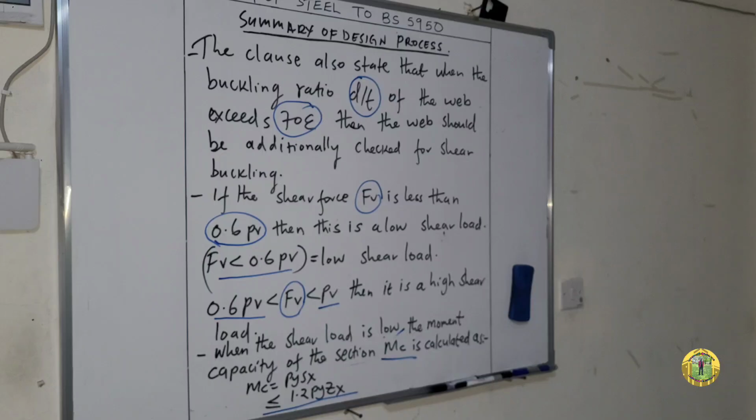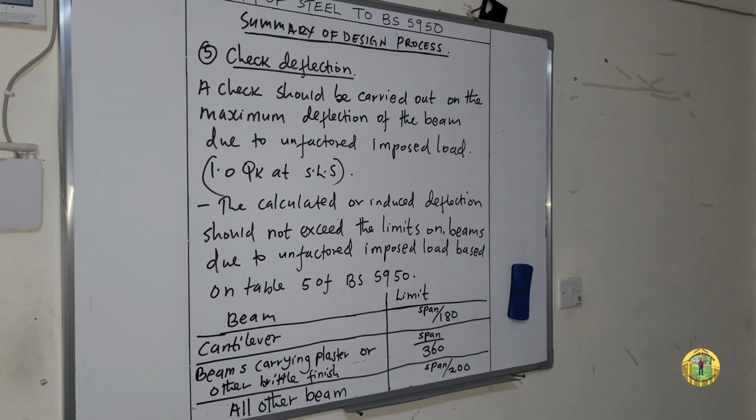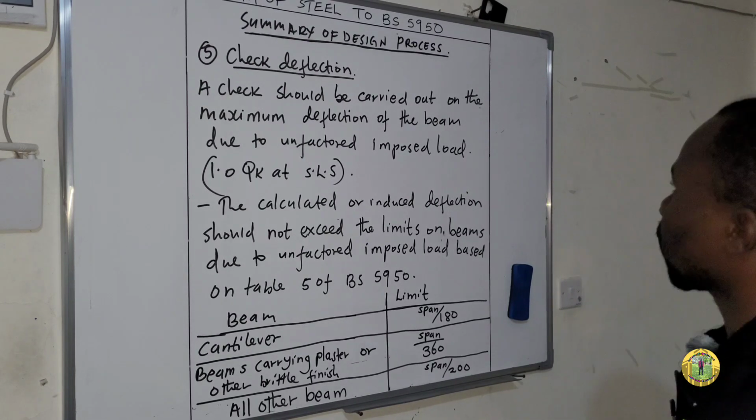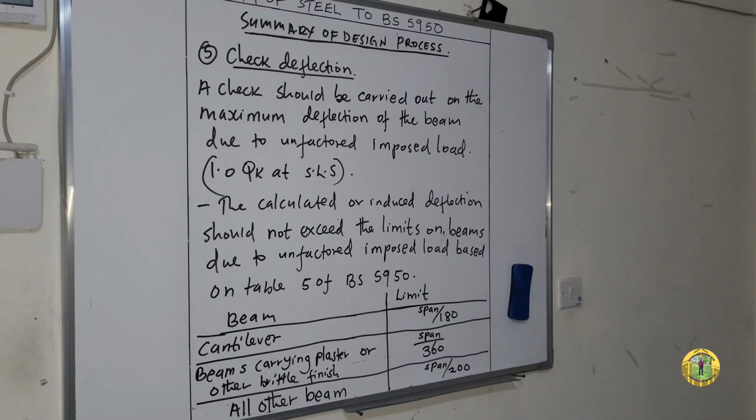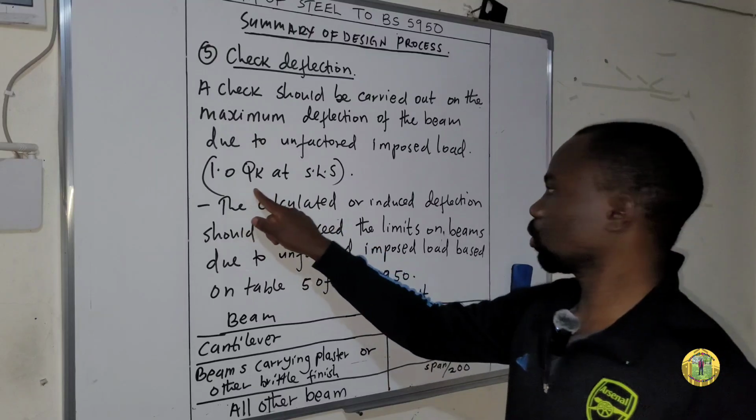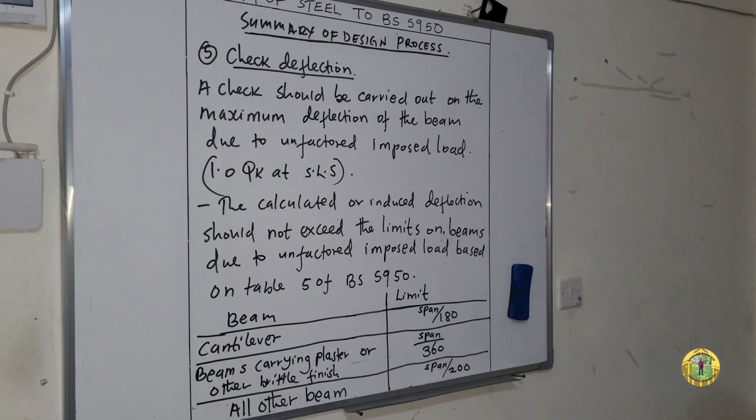So we now go for number 5, check for deflection. A check should be carried out on the maximum deflection of the beam due to unfactored imposed load, which is 1.0 QK, at serviceability limit state.